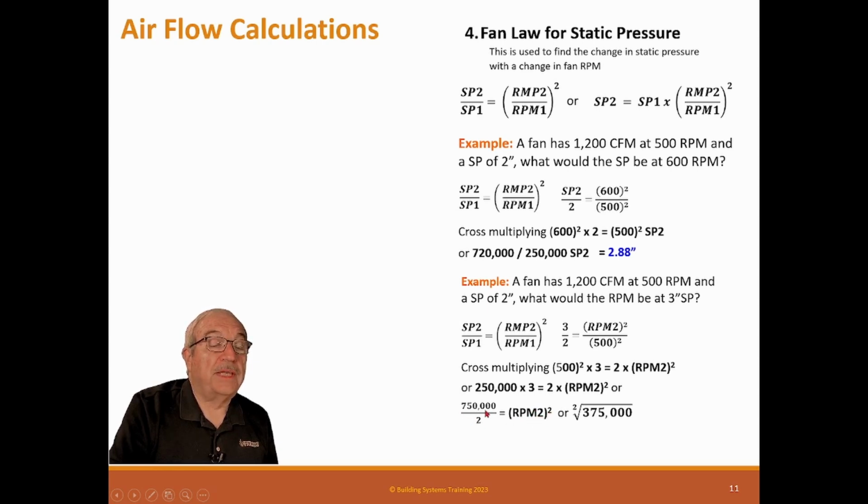When we divide 750,000 by 2, we get 375,000. And to take away the square, you have to do the opposite, which is a square root. When you have these powers, you have to remember that when you move it to the other side, it's the opposite, so it goes from a square to a root. So the square root of 375,000, on your calculator, is 612 RPM. So we went from 500 RPM to 612 RPM, which will now get us 3 inches static pressure.